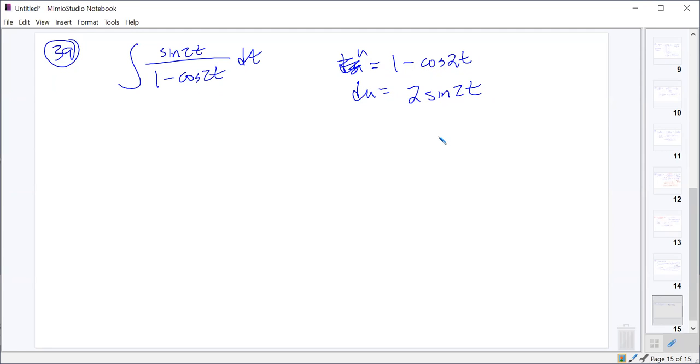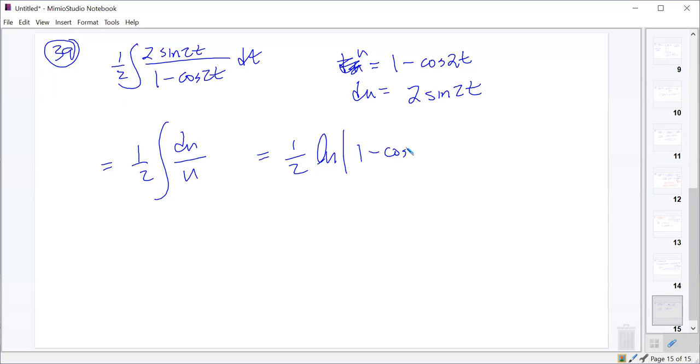And all we need then is a 2 and a 1/2. And we've got 1/2 of du over u, or 1/2 natural log absolute value u, plus our constant, which looks like choice C. So this is a 1/2 out in front of a natural log, so we can just go in and put that in as a power of 1/2 of the thing that we've got inside there.